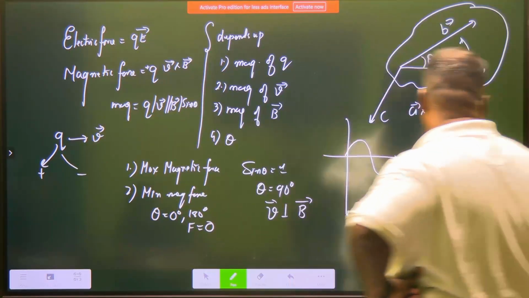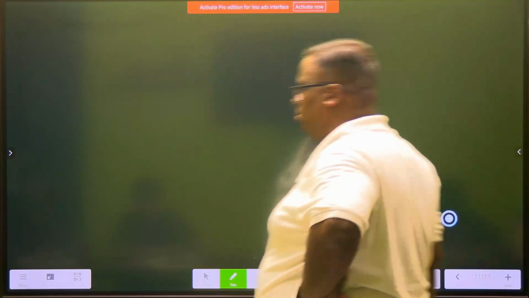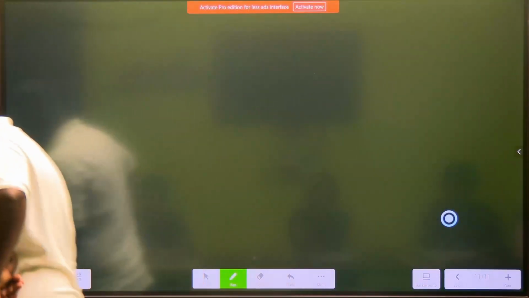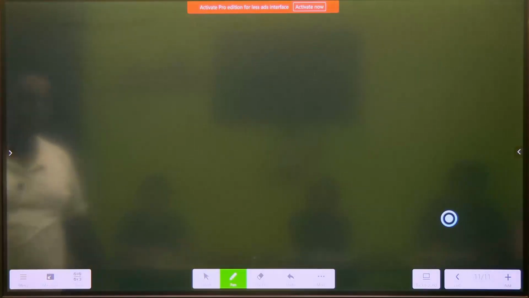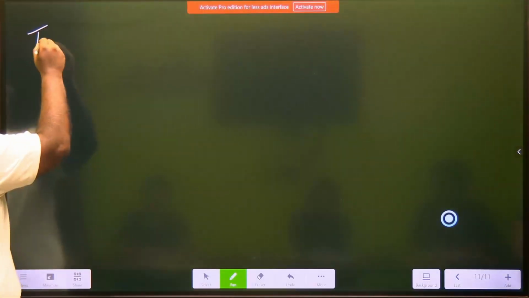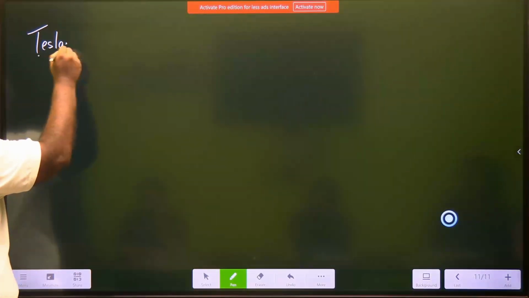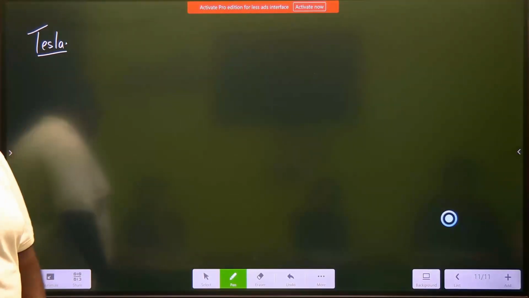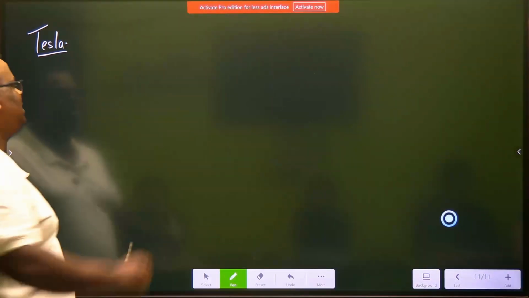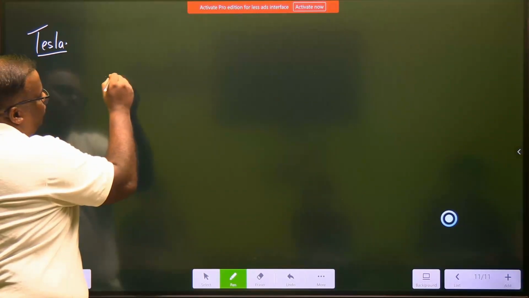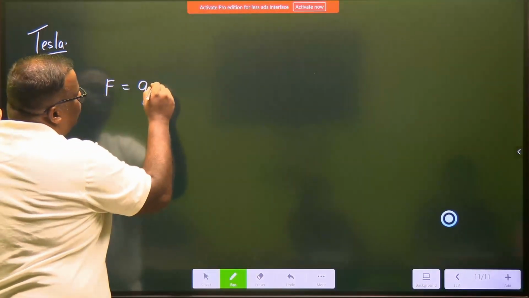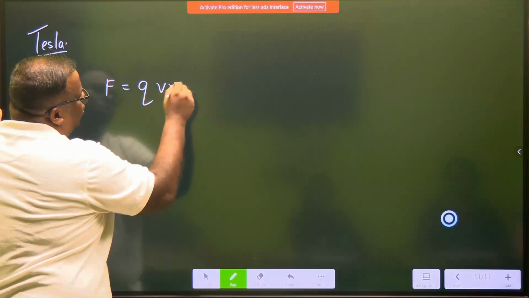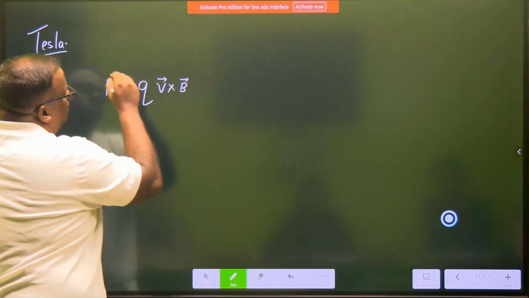Okay. So now we need to get into the unit, Tesla. Tesla is the unit for magnetic field. So let's see. The magnetic force F is given by Q V cross B. Do you agree or not?